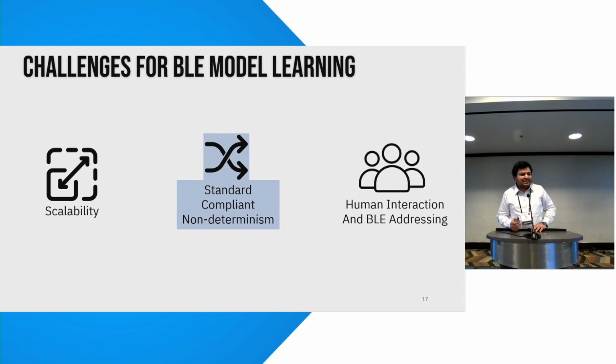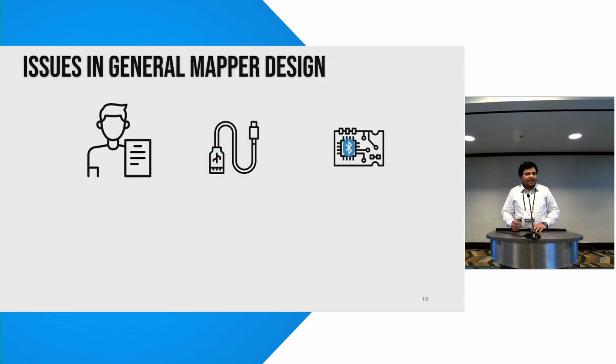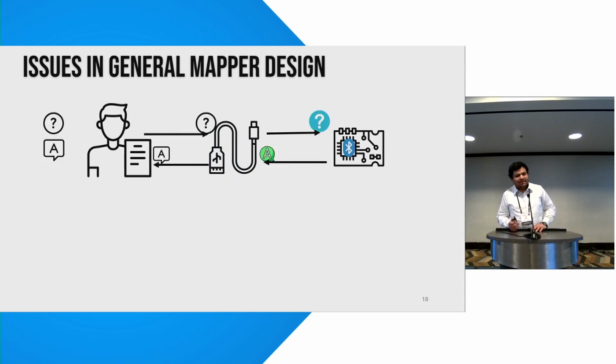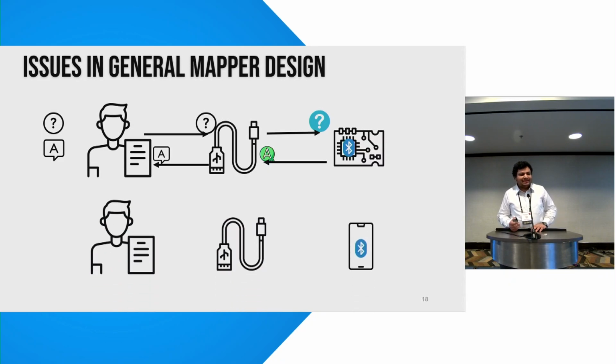The second challenge I'm going to talk about is standard-compliant non-determinism. As I discussed earlier, we need a mapper that will do the mapping between abstract symbols and concrete BLE packets. But for BLE, things are a bit different because BLE has two major issues. First of all, in BLE, a packet can be triggered by both central and peripheral.